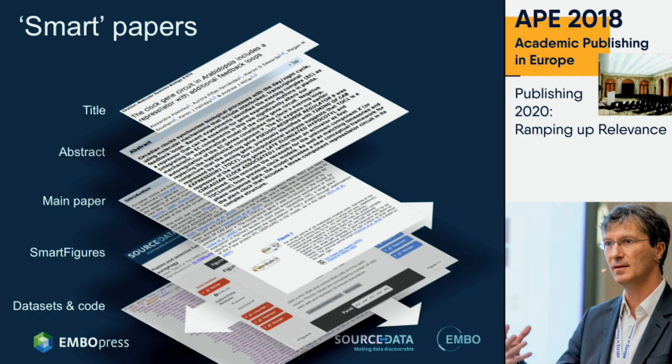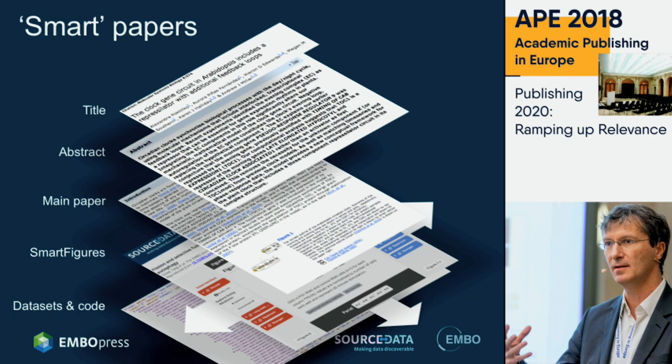So our vision at EMBO Press for the paper of the future is to have papers that provide the opportunity to users to zoom in on the content and provide the information at the level that is useful for the users, from short summaries, the title and so on, but also allows the users who are interested, and the experts in the field, to dig into the paper, zoom in and access the data behind the paper, the computer code used for the analysis.